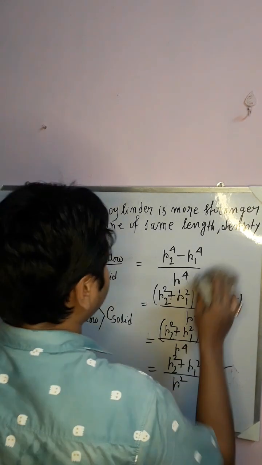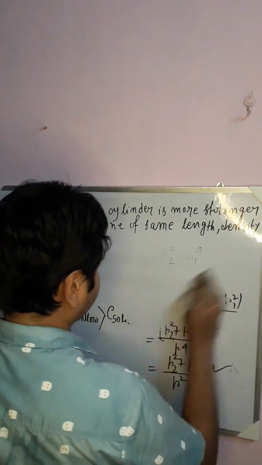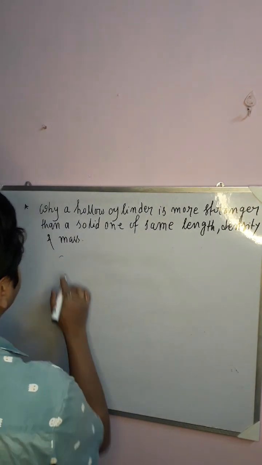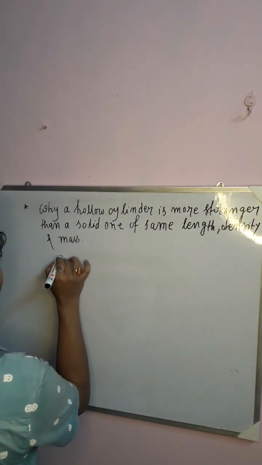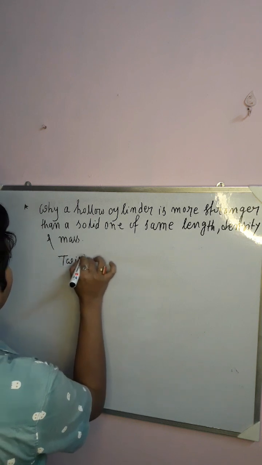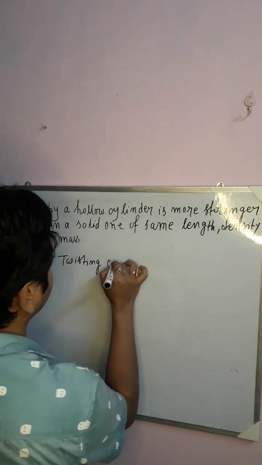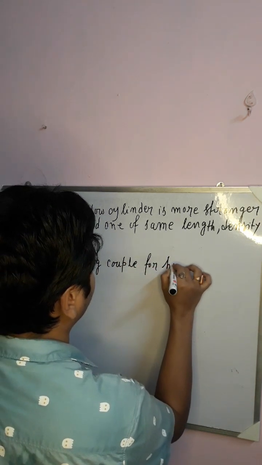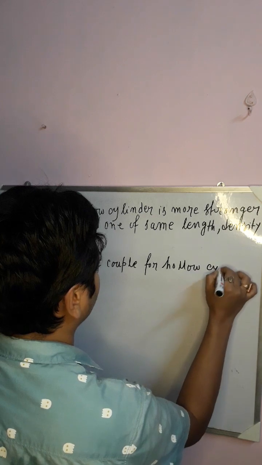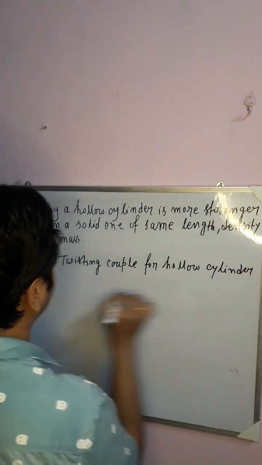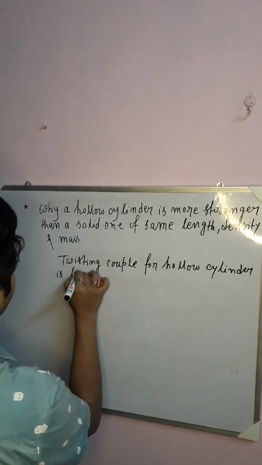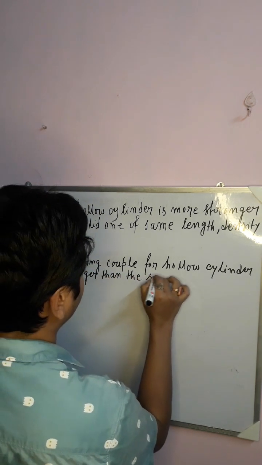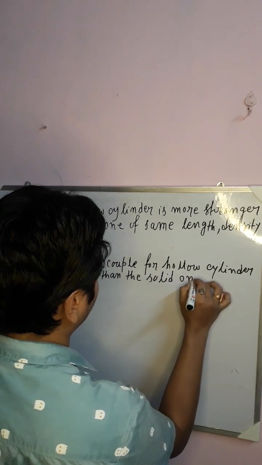So the twisting couple for the hollow cylinder is larger than the solid one.